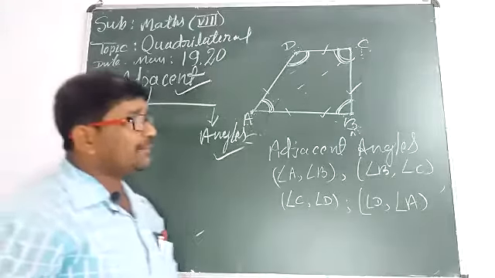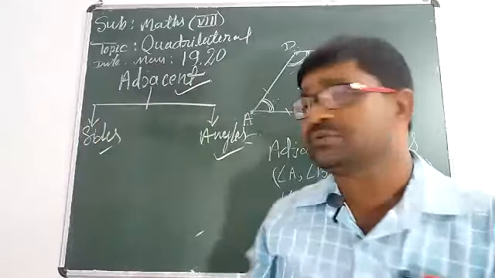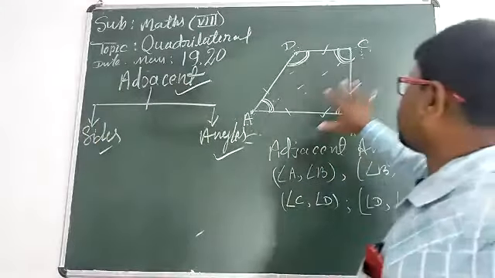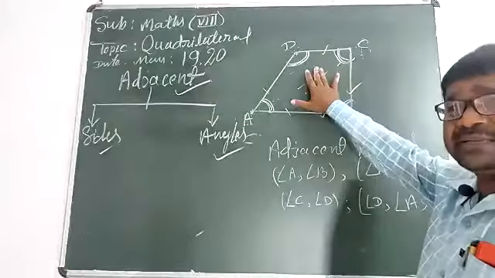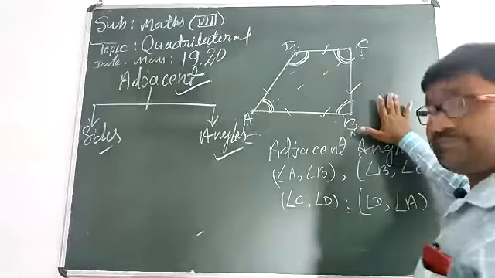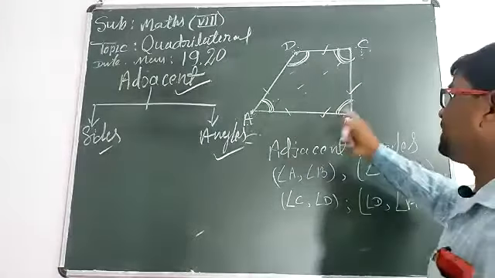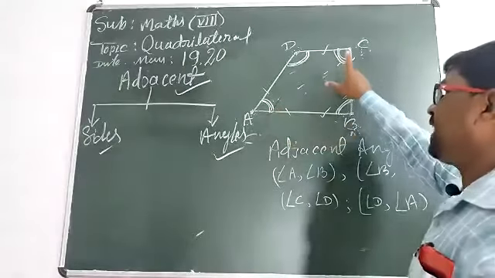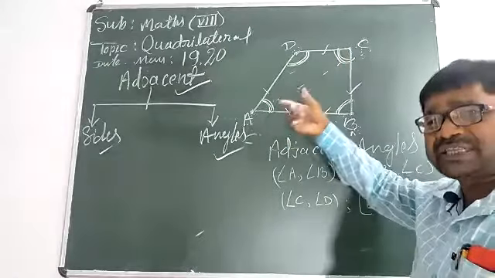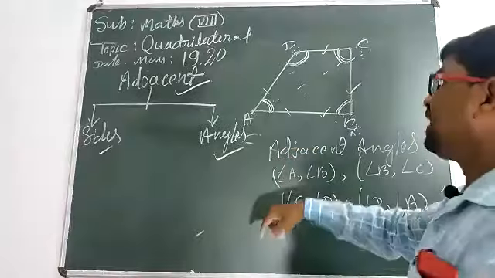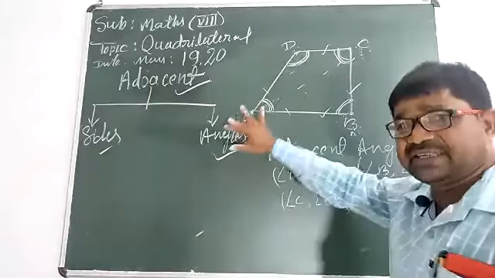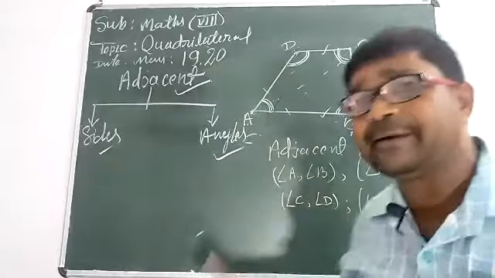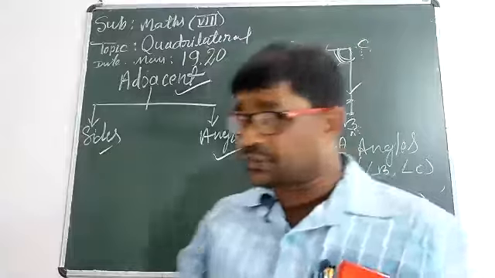How many points were discussed in this class? One is quadrilateral, another is sides, another is angles, then opposite sides and opposite angles. After that, adjacent sides and adjacent angles. Understood?